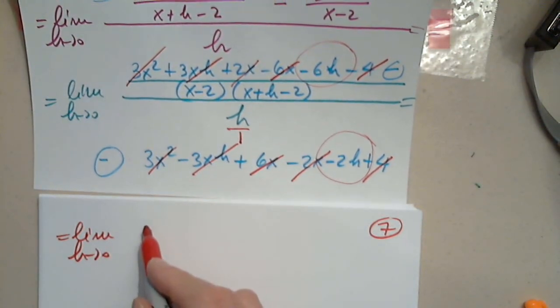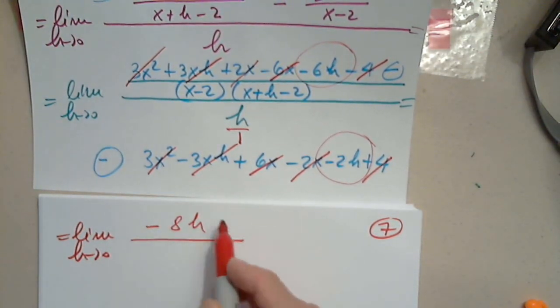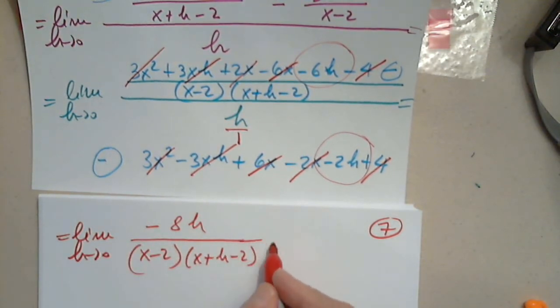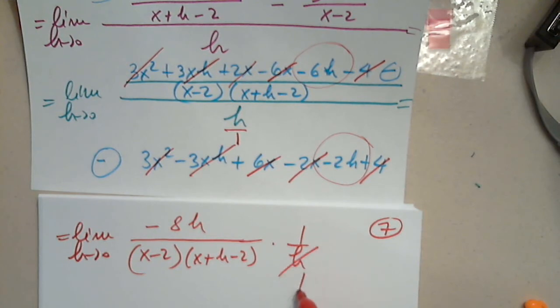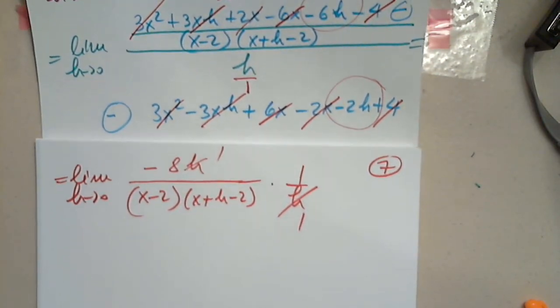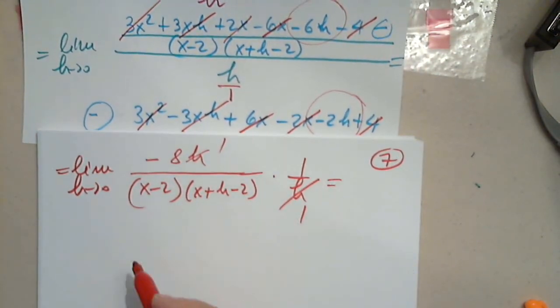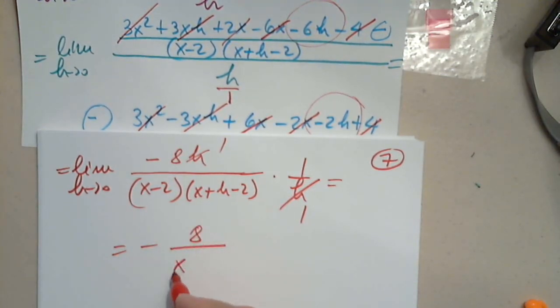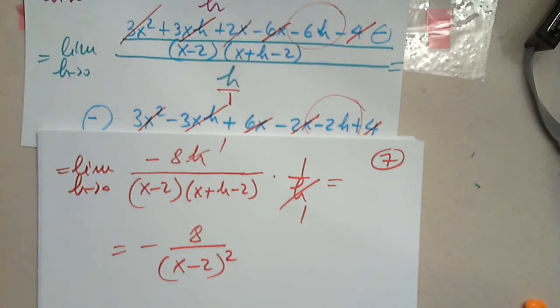The numerator is negative 8h divided by (x minus 2)(x plus h minus 2), times 1 over h. And that's the second thing that must happen. And now when I plug in 0 for h, I get negative 8 over (x minus 2) squared.